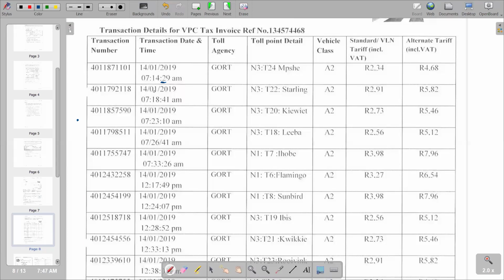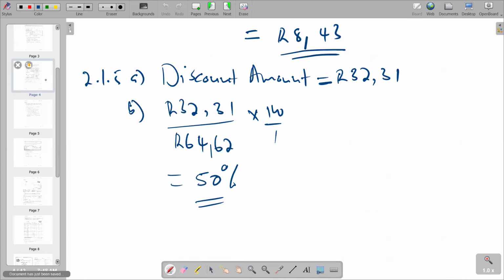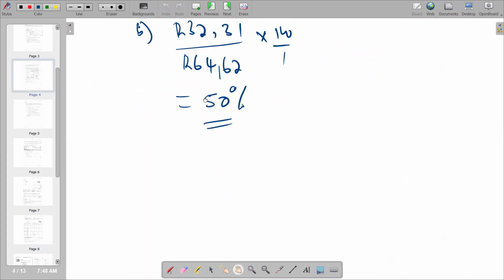So we can see that it is from Misfe Ito, and then we go to Kiwit. So we can easily calculate there by saying 07:23:10. If we refer back to our calculations, we are going to say 07:23:10.